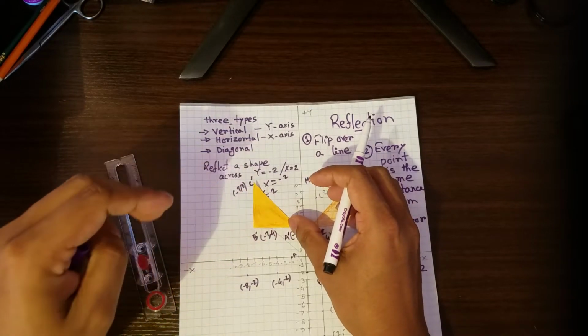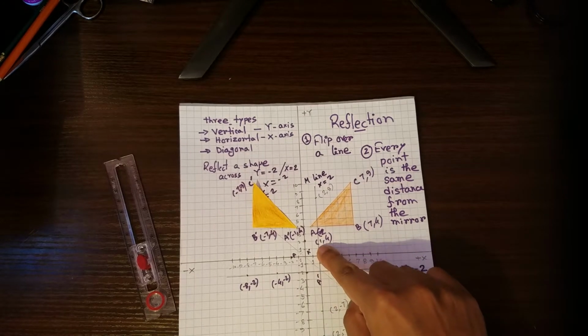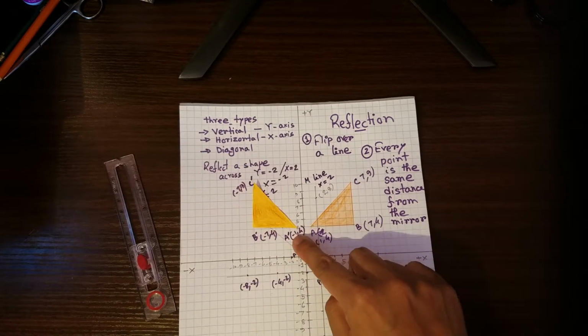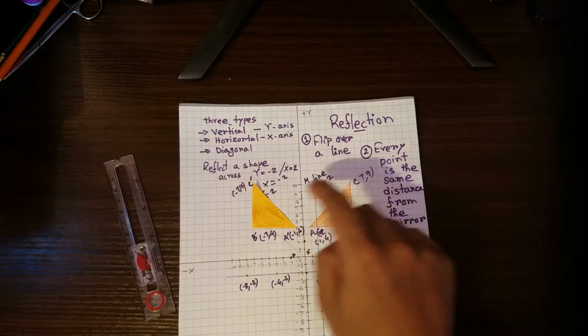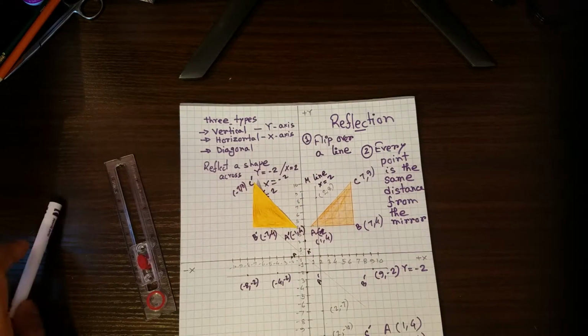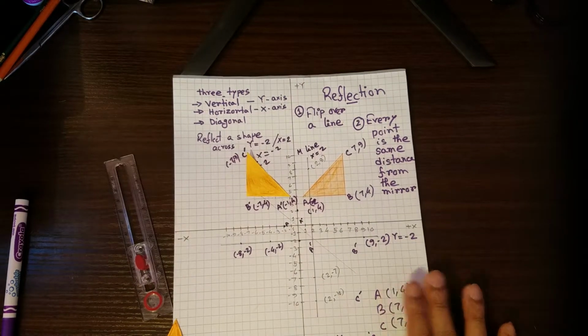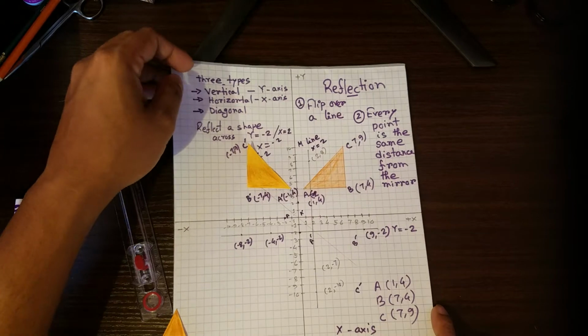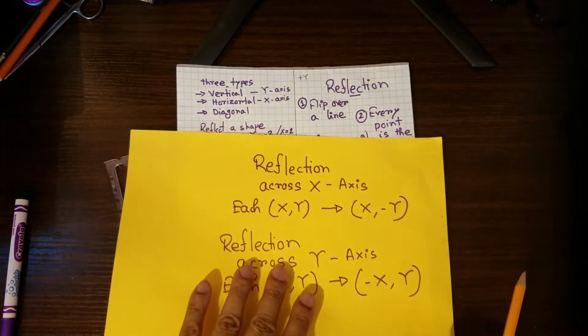So now if you look very carefully, what's happening here is that your x value, you'll have negative. So 1 becomes negative 1, 7 becomes negative 7, and your 7 becomes negative 7. Okay, so if you have this question like if you have given 3 points and you have to find the coordinates, this is the rule that you need to know.